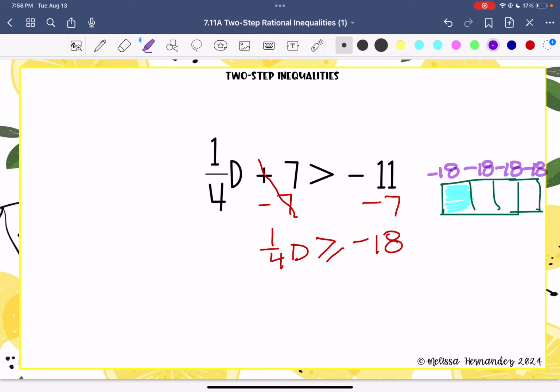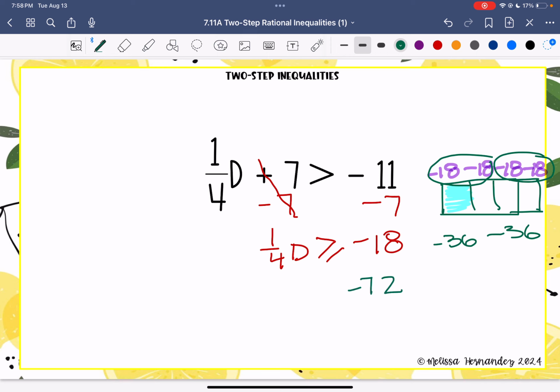So negative 18 and negative 18 is negative 36. Add these together and you're going to end up with negative 72. Now, I'm not sure why that's a mistake. I apologize. All right, so it's just greater than.